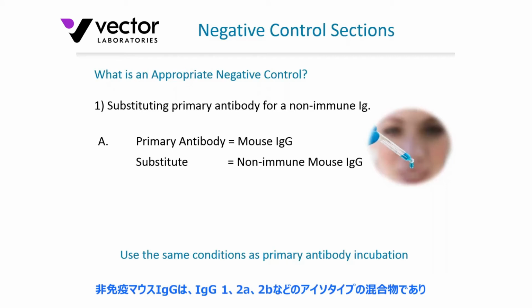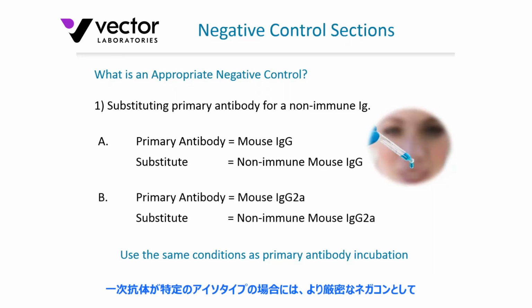Now, in some instances, I will say this non-immune mouse IgG is probably a pool of mouse IgG1, 2A, 2B, etc. Sometimes you may get some toning or background at the same concentration as the primary antibody. If you do encounter that, you may want to have a closer look at that primary antibody.